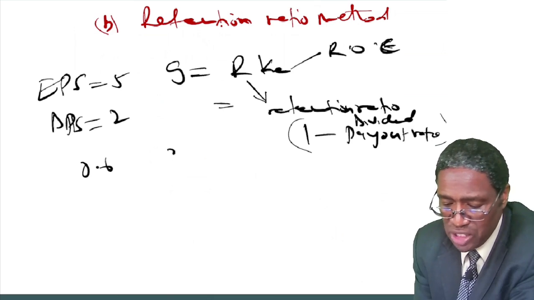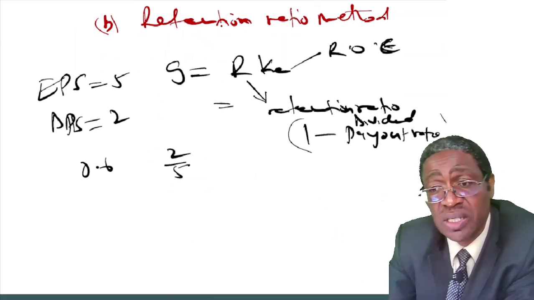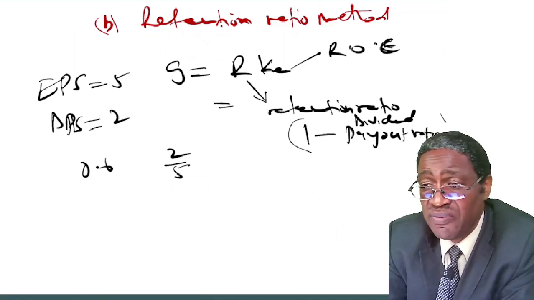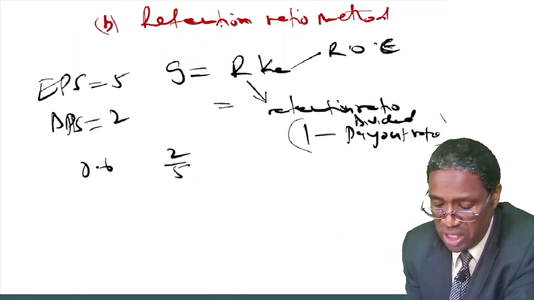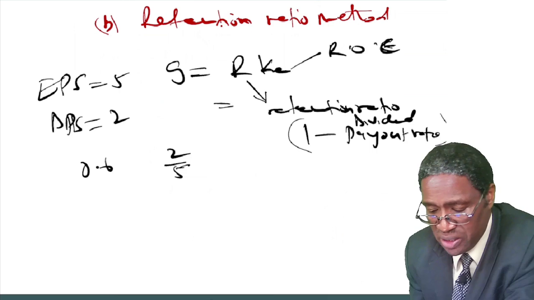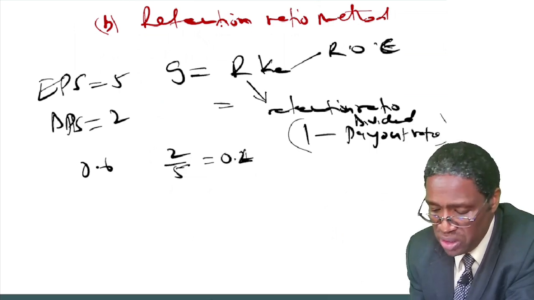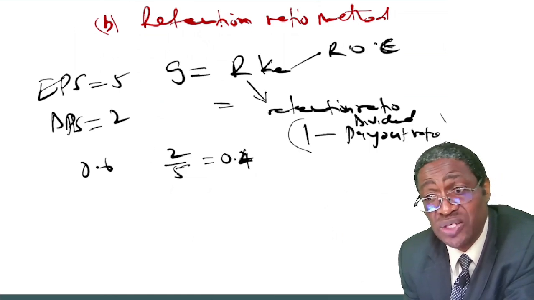Our dividend per share was 2 out of 5 earnings. 2 divided by 5 is 0.4, or 40% as a percentage, so our payout ratio is 0.4.